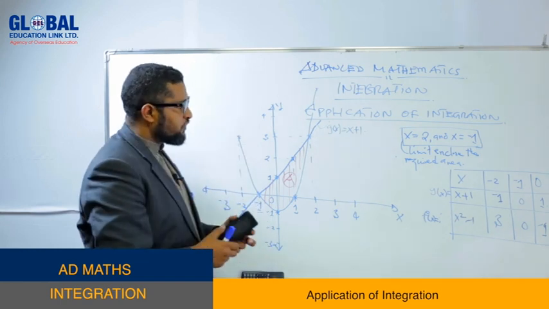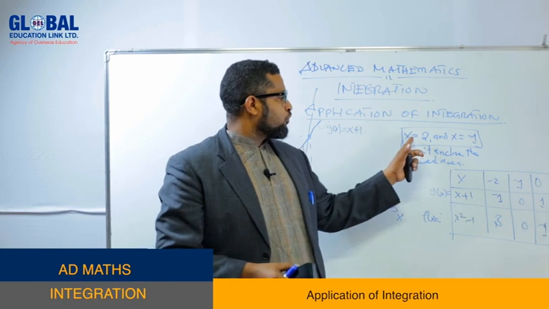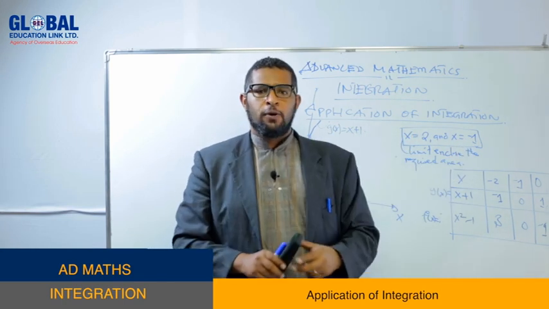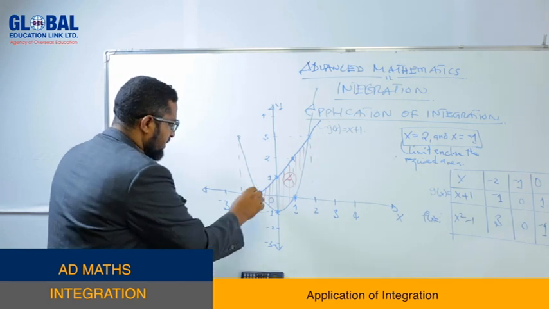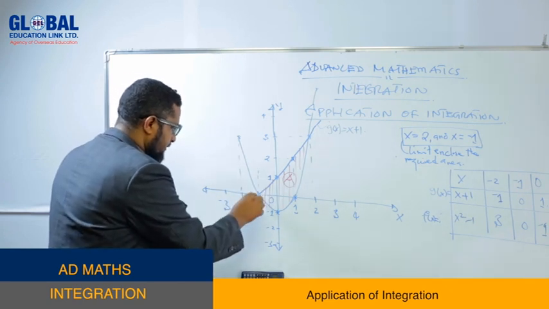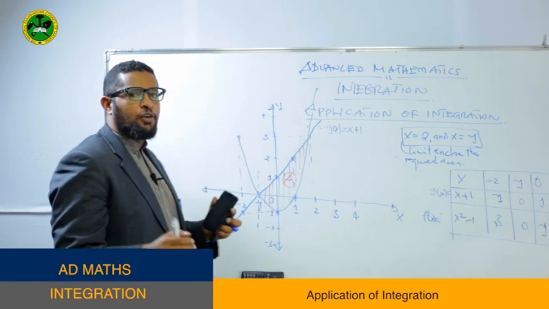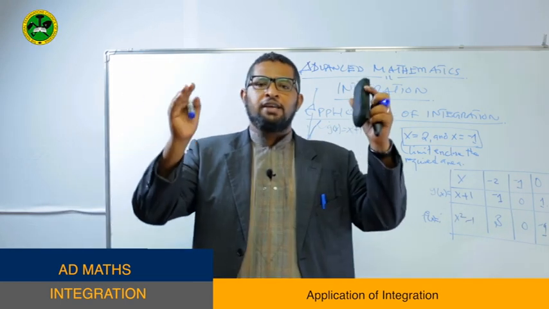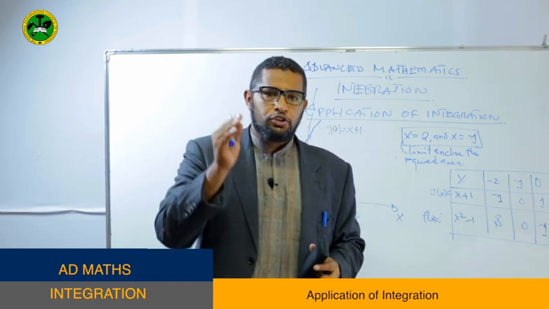And do you see the limit here, or the value of x? We have x equal to 2 and x equal to negative 1. Again, checking here, it is from negative 1 up to positive 2 where the two curves are enclosed by those numbers, -1 and +2.